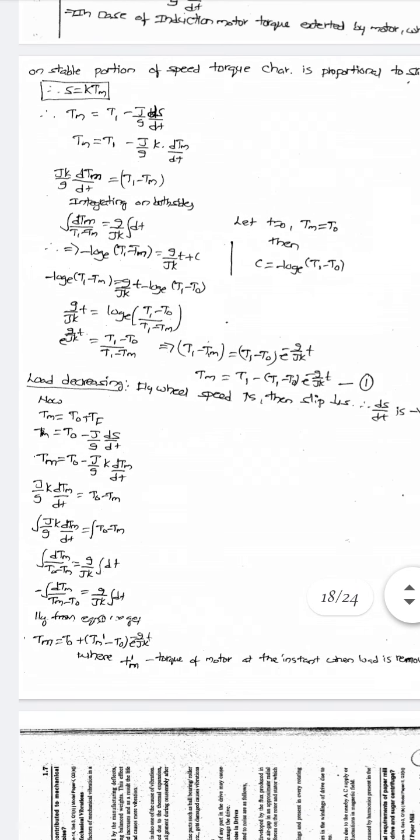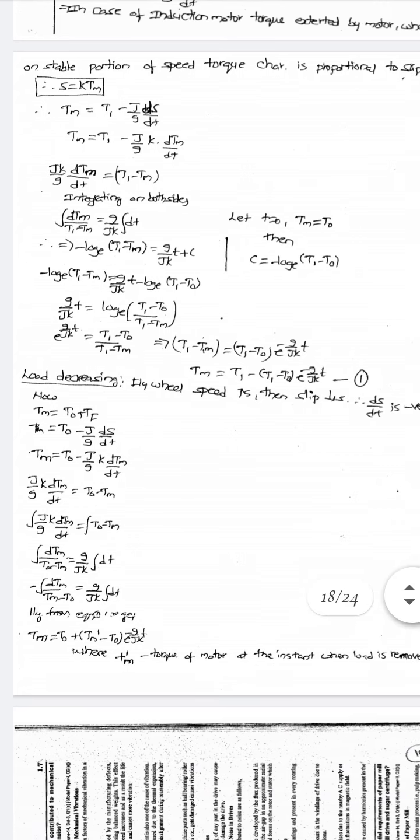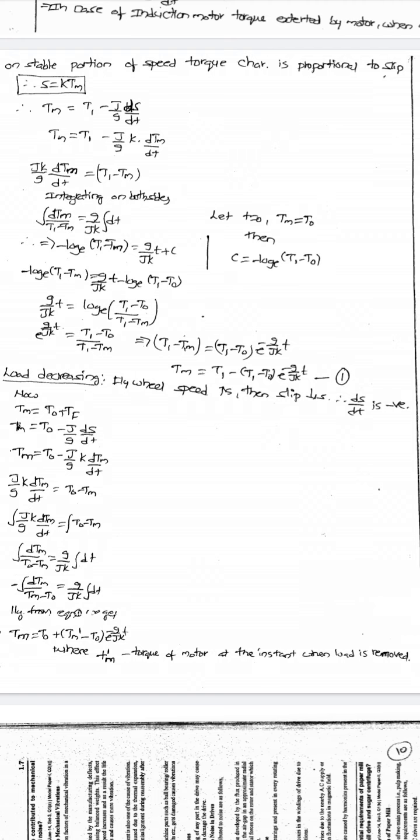That is about the load increasing. The next case is the load decreasing. At the flywheeling speed s, the slip value ds by dt is negative. The remaining pattern is the same. Tm is equal to T naught plus Tf, that is the original equation.